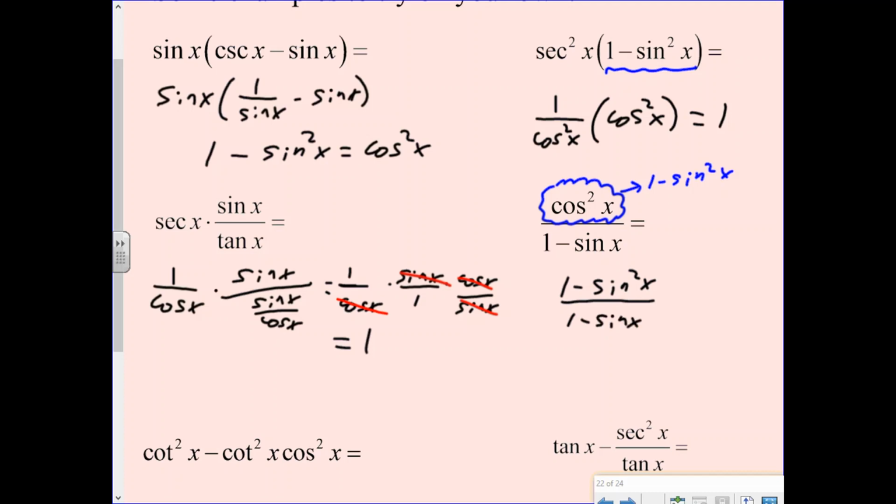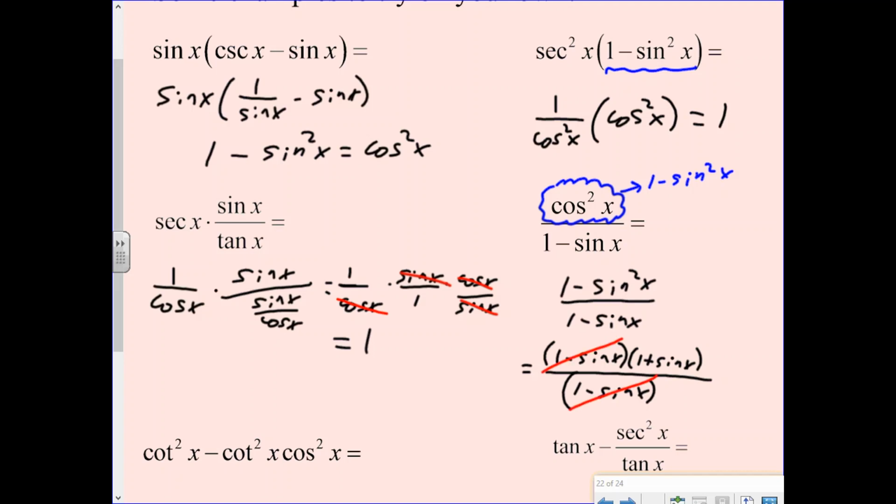Now, for heaven's sakes, please don't tell me something cancels out there, because it doesn't. But what we can do is use the factoring trick that we talked about. If I factor the top like a quadratic, this becomes 1 minus sine x times 1 plus sine x, all over 1 minus sine x. Now something cancels out. Boom and boom.